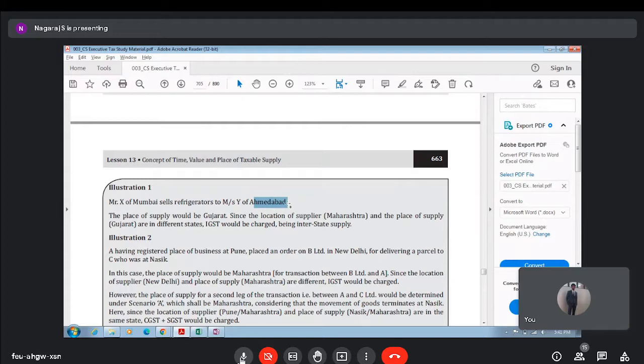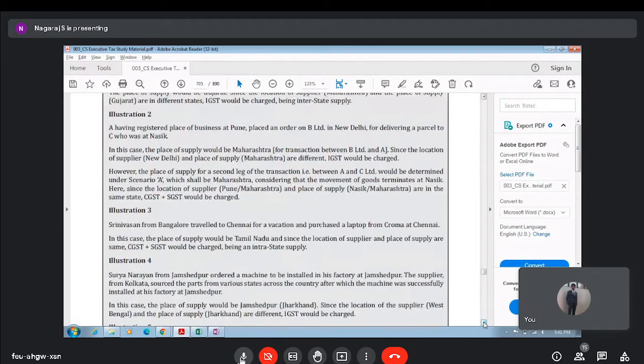Ahmedabad. Ahmedabad is in which state? Gujarat. Ahmedabad will be the place of supply. In that way, you need to analyze.